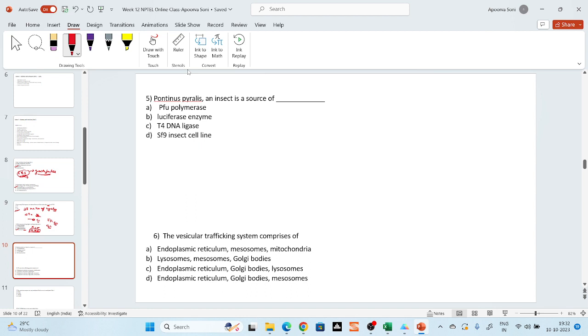The answer is that it is the luciferase enzyme. They are mostly used in the luciferase assay.